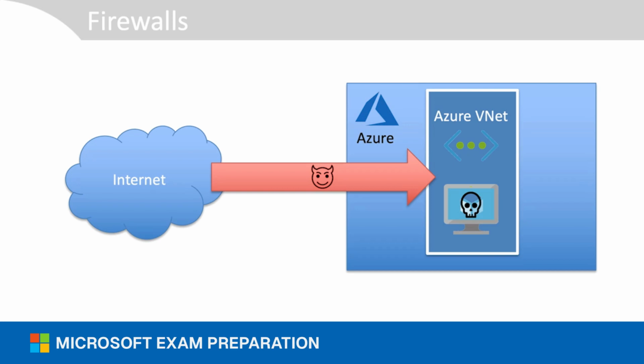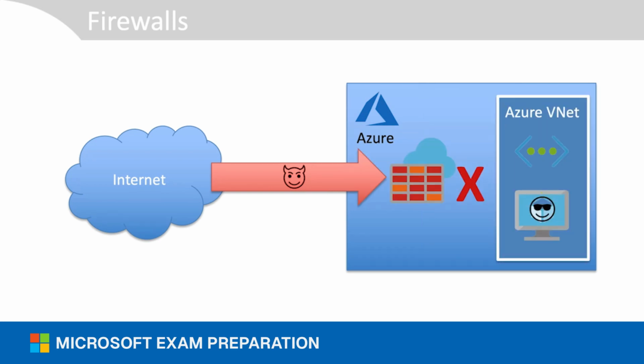Now, to solve this kind of problem, you can use a firewall outside of your virtual network. With a firewall installed and configured to allow traffic only from my on-premises network, that same bad actor is going to be denied access into my network.